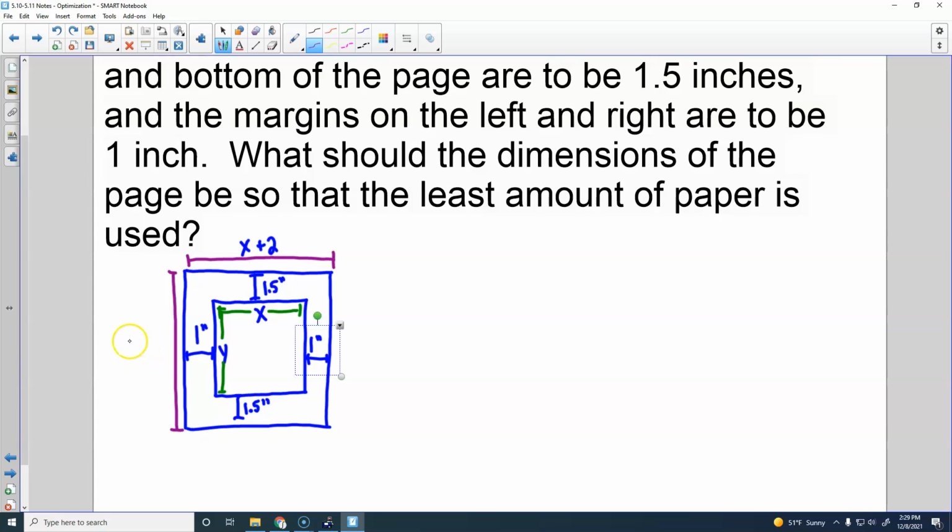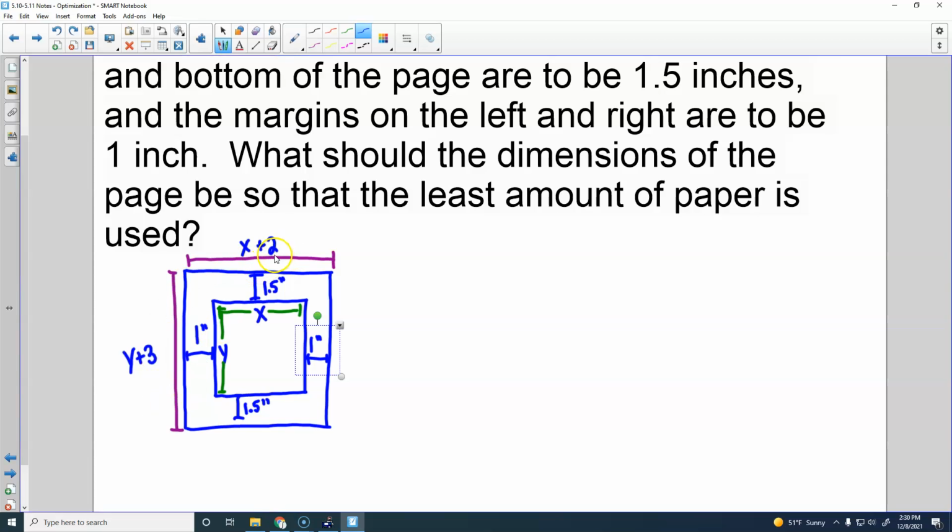Y plus 3, because you got 1.5 for your top and bottom margins. So you're adding an extra inch on either side here. So that would add 2 to whatever the X length is there. And then vertically, you're adding 1.5 to the top and bottom. So together, that'll be 3 inches.